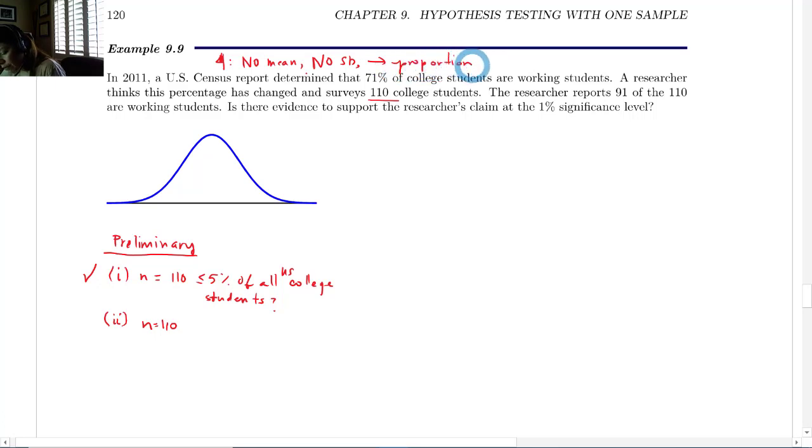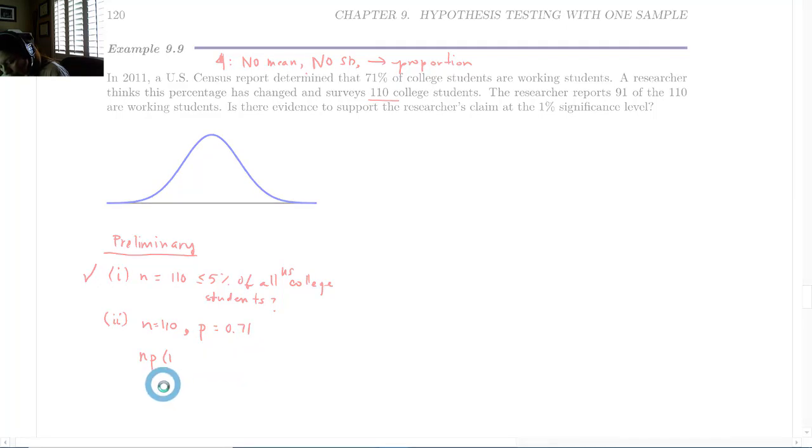And sure enough, they do give us a proportion, the 71% as the P, right? And then they survey 110. So the survey of 110 students and a population proportion of 0.71 of the U.S. college students' work is np times 1 minus p greater than or equal to 10? So that's what we need to check.